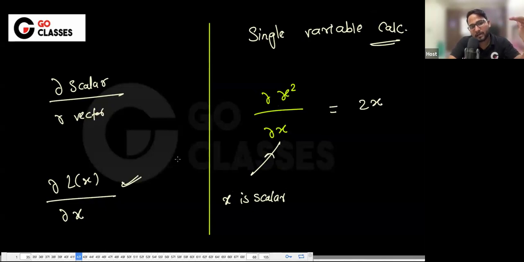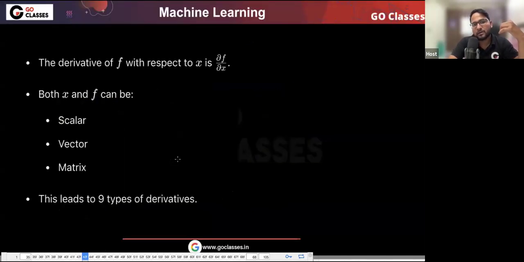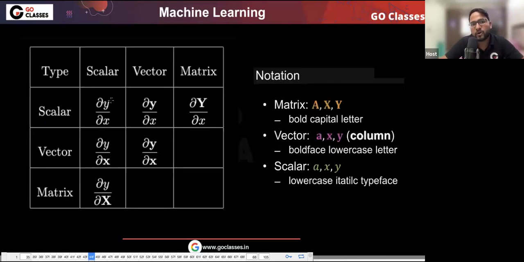So basically here, if you want to find out the differentiation of f with respect to, let's suppose, x, then this f can be scalar, can be vector, or even it can be matrix. Similarly, x also can be scalar, vector, or matrix. So there are actually, you can say, 9 combinations. For example, let's suppose this is y.